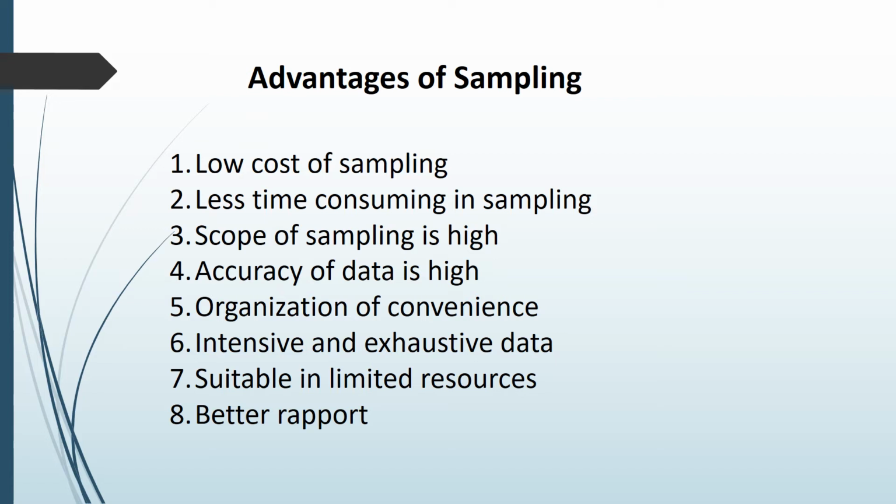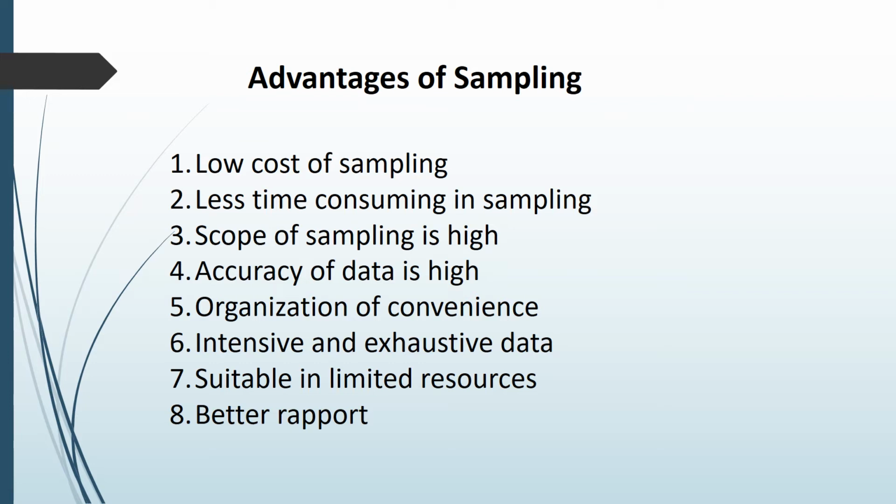It permits a high degree of accuracy due to a limited area of operations. Moreover, careful execution of fieldwork is possible. Ultimately, the results of sampling studies turn out to be sufficiently accurate.